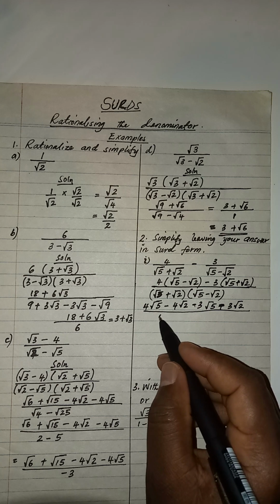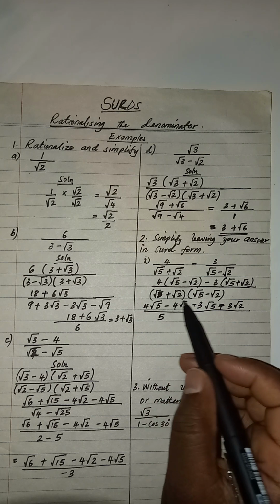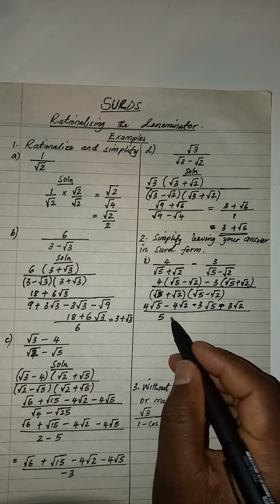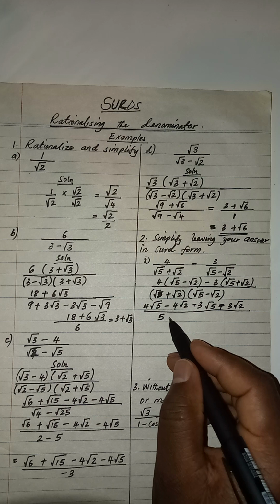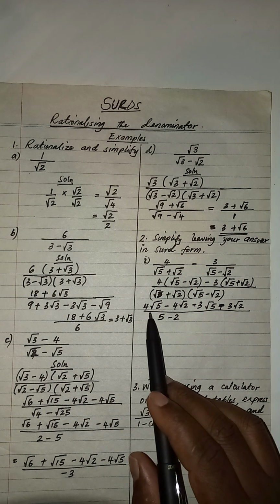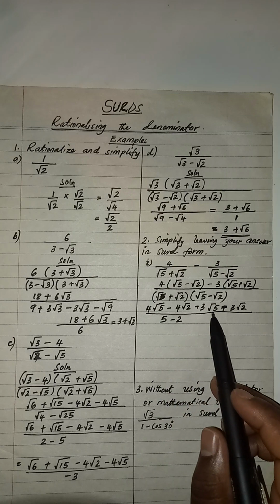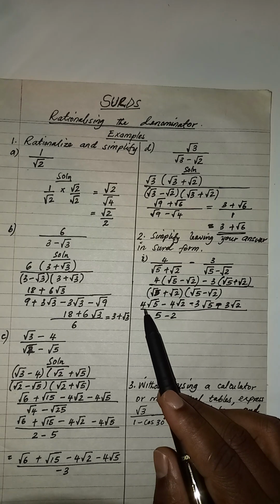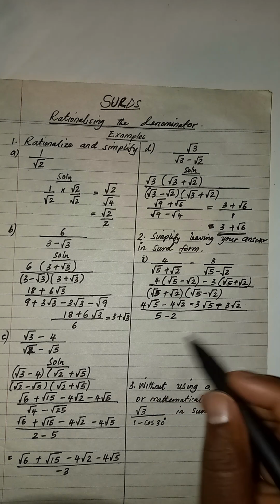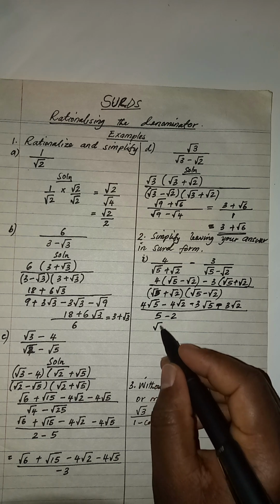The square root of 25 is 5. Then 2 times 2, it is the square root of 4, which will give us minus 2. So 4 root 5 can be subtracted with 3 root 5. So 4 minus 3, it is 1. So it will be root 5.